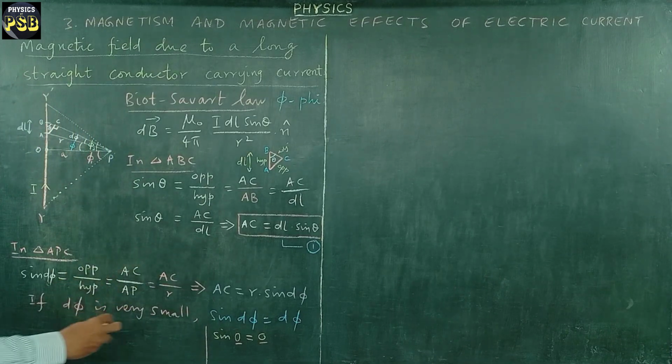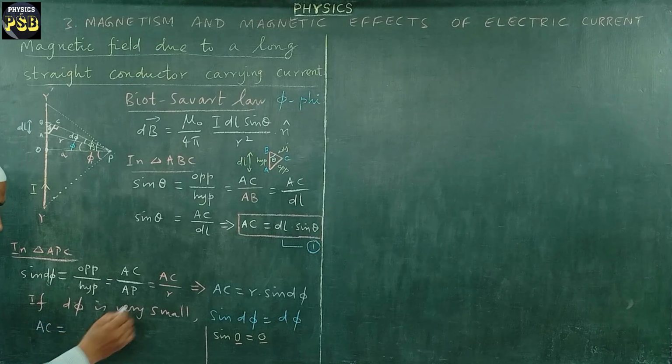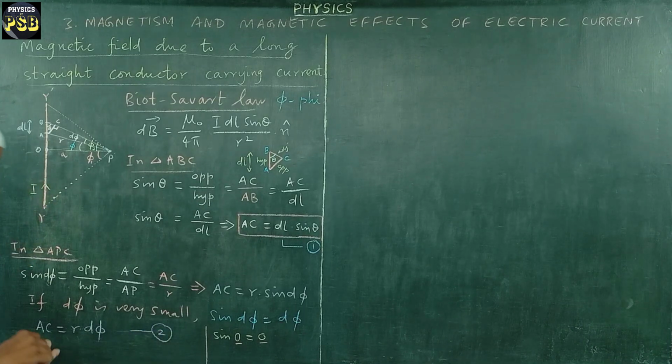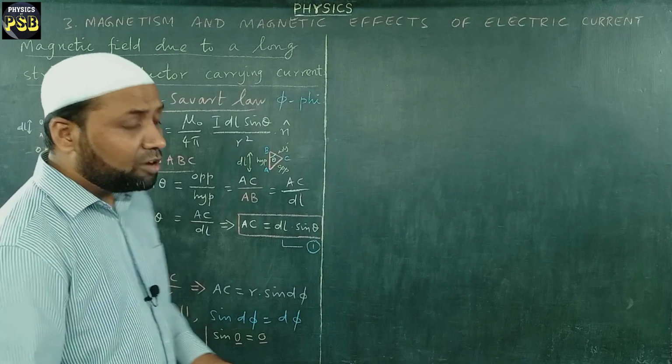Now, by keeping this in mind, the above equation AC can be written as R d phi. I take this as equation number 2. I have boxed this equation for better visibility.